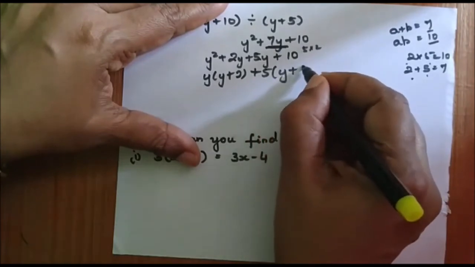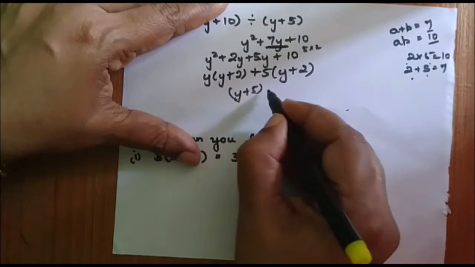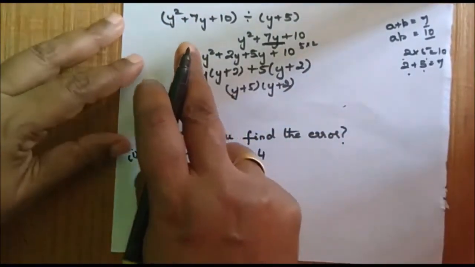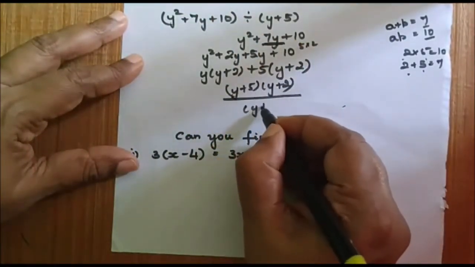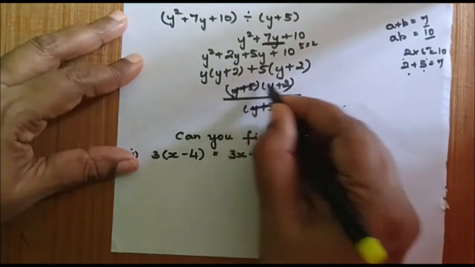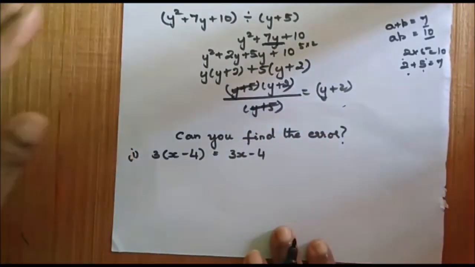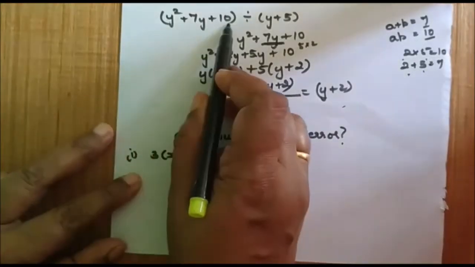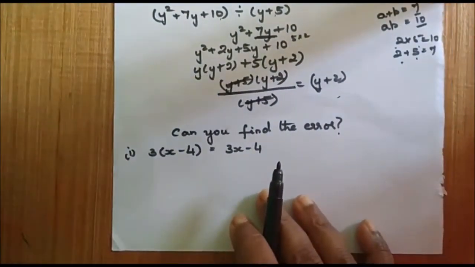I have y plus 2. In other words, y plus 5 into y plus 2. So this is how I have factorized this term. So this is divided by y plus 5. So this and this will get cut. The answer is y plus 2. I hope you understood how we do it. First, we will factorize this and then divide it by this expression.